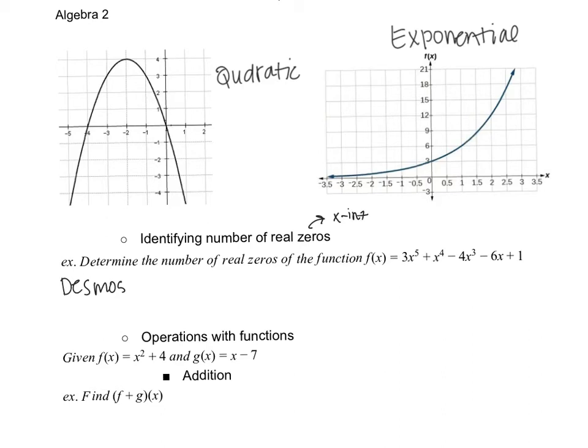And I'm going to look for the number of times it touches or crosses the x-axis. And in this case, there are 3 real zeros. I don't need to know what the real zeros are. I just want to know the number it contains. And there are 3 x-intercepts in this case.